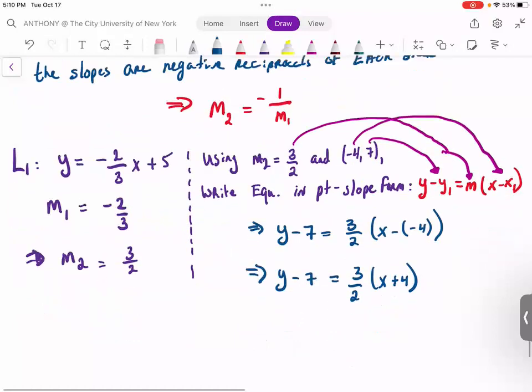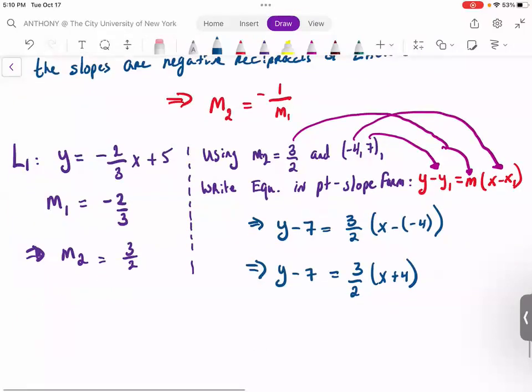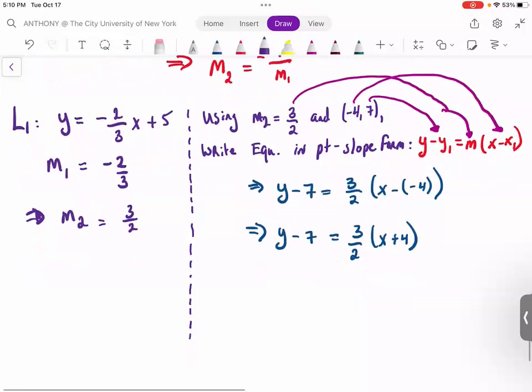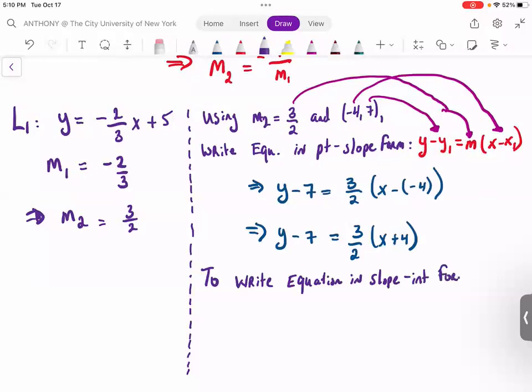You can also write this equation in slope-intercept form. To write the equation in slope-intercept form, you have to solve for y.